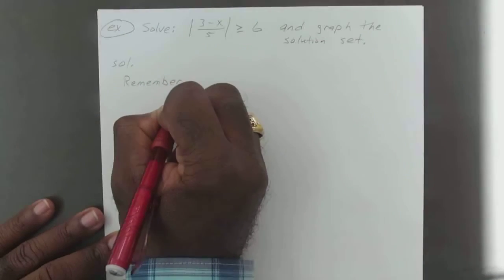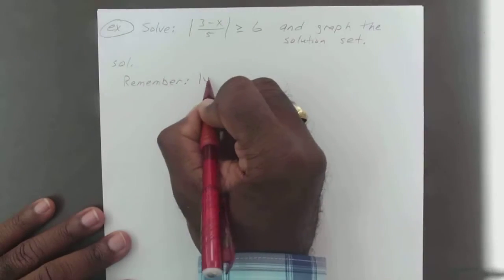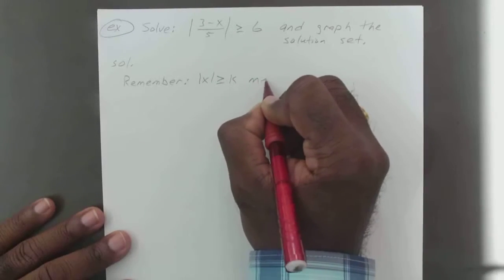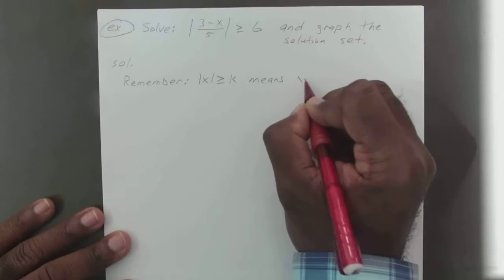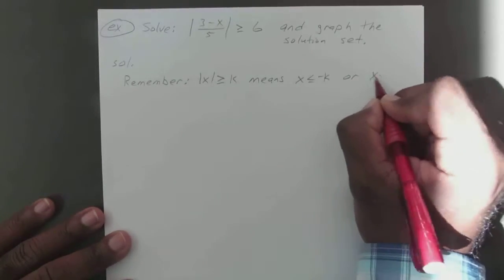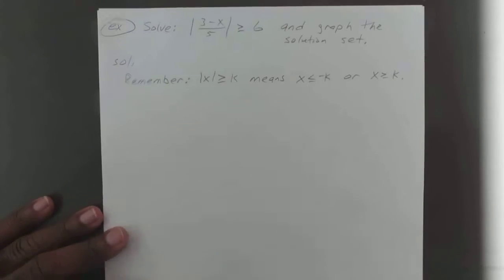So you want to remember, absolute value of x is greater than or equal to k means that x is less than or equal to negative k, or x is greater than or equal to k.